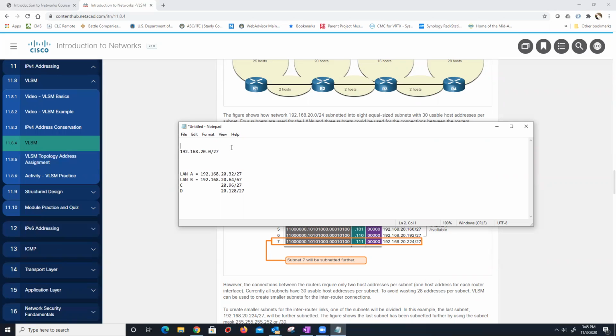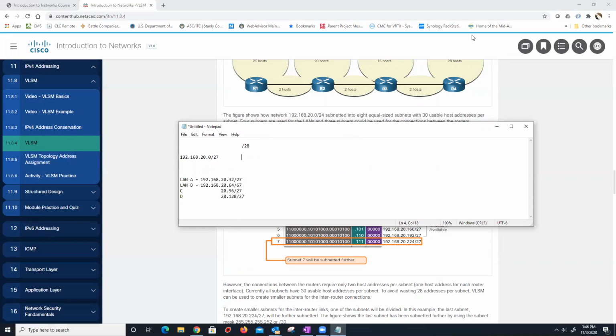By the way, let's imagine, using just a magic number formula, let's say this is now /28. What is our variable if we borrow 1 more bit? Anybody? What would the magic number be if we borrowed 1 more? If you borrow 3, it's 32. So if you borrowed 1 more, the magic number would be 16.